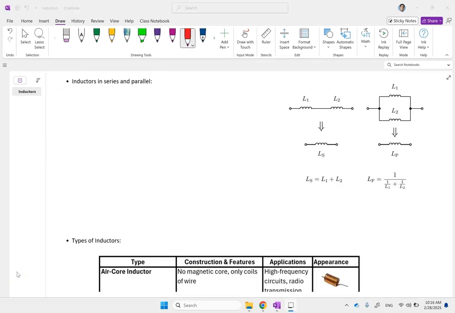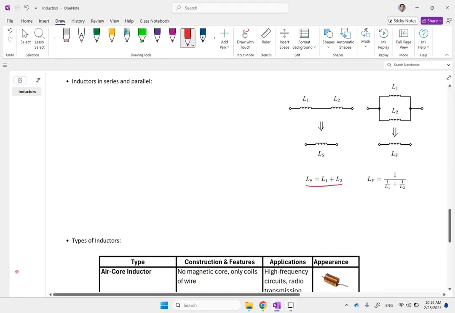Okay, regarding inductors in series and parallel, we have to know that inductors are similar to resistors. So in series, the equivalent is the sum of them, and in parallel, the reciprocal of the total is the sum of the reciprocals, okay?